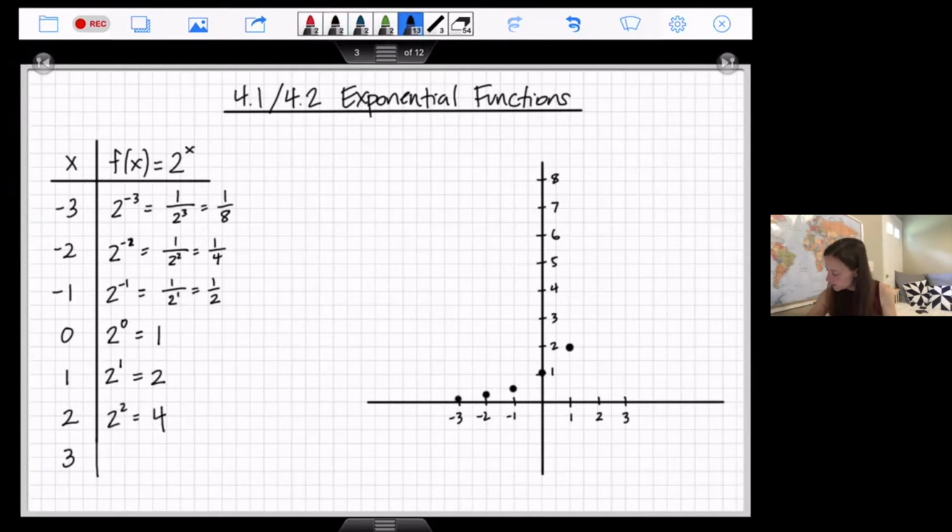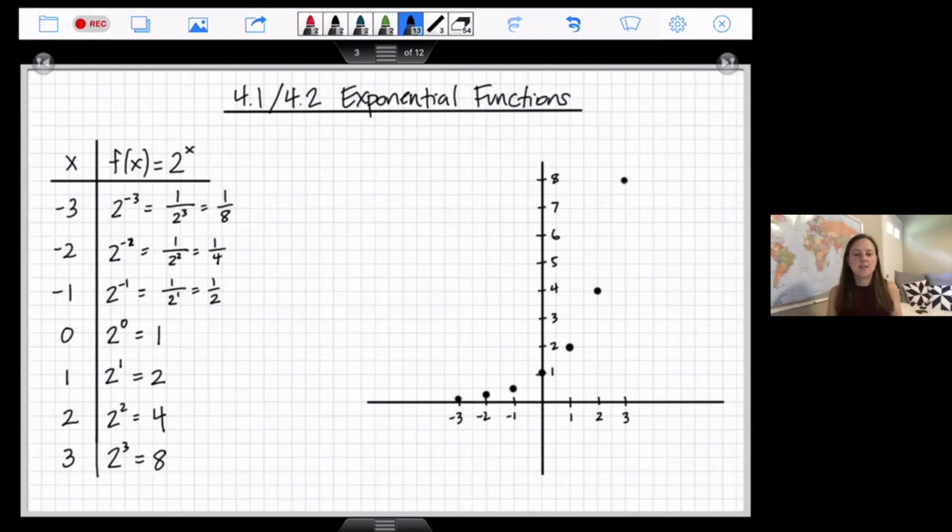So I'm going to plot 2, 4. And last one, 2 to the 3rd is equal to 8. And we get the idea that if I keep going, these y coordinates are going to get enormous, right? 2 to the 4th, 2 to the 5th, 2 to the 6th. I'm going to get up to 16 and 32 and 64. I'm way off of the page now.